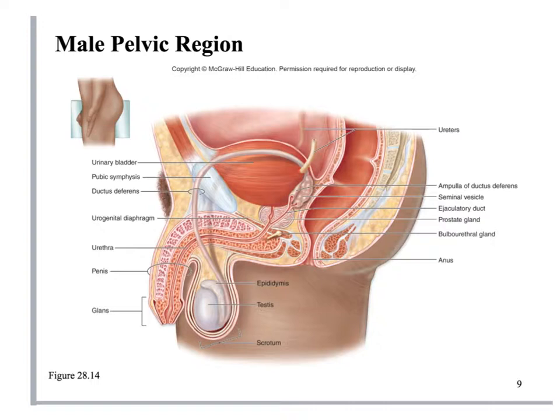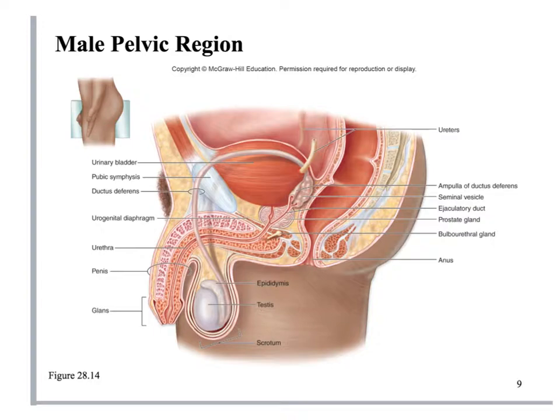So for the male system, we have the testes, that's the gonad, and then the duct system consists of the epididymis, the ductus deferens, and the accessory glands include the prostate, the seminal vesicles, and the bulbourethral glands. All right, and then the ductus deferens fuses with the urethra, and sperm is then ejaculated from the penis through the urethra.